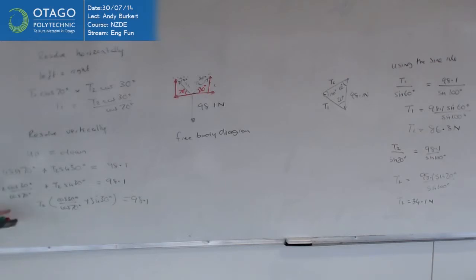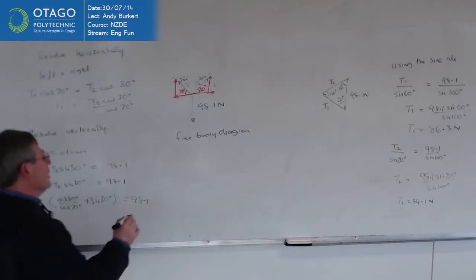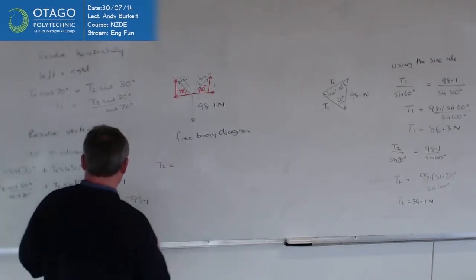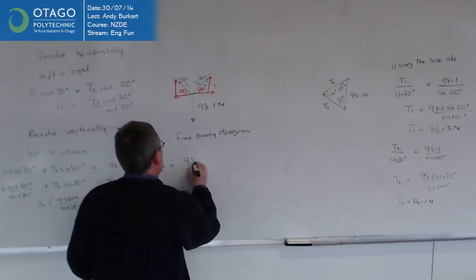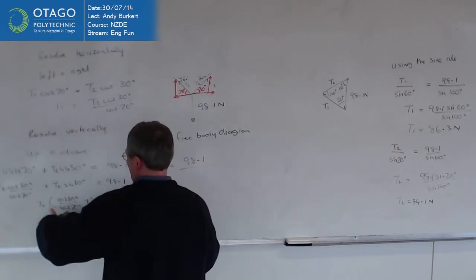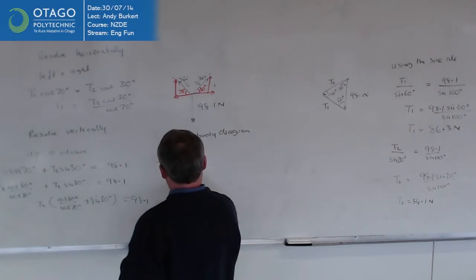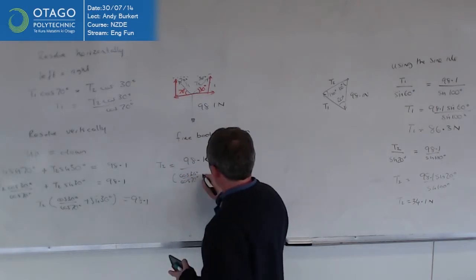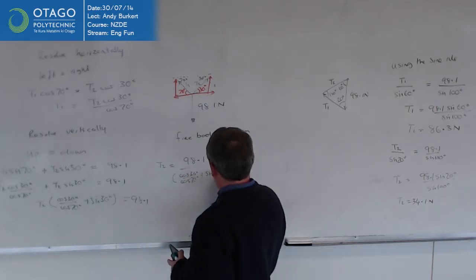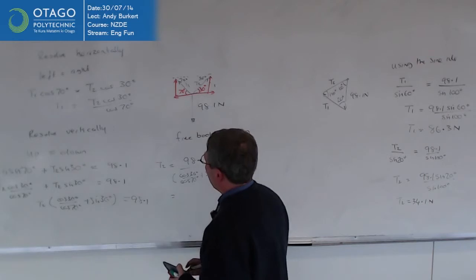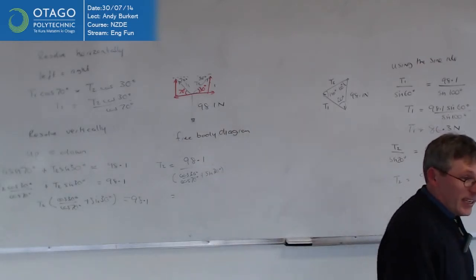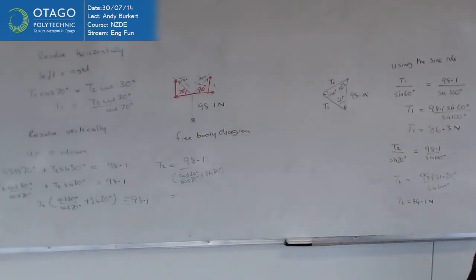And then we can divide by this. So T2 is going to equal 98.1 divided by all of that: cos 30 degrees over cos 70 degrees plus sine 30 degrees. And we should be able to do that on our calculator and get the same answer. Yeah?